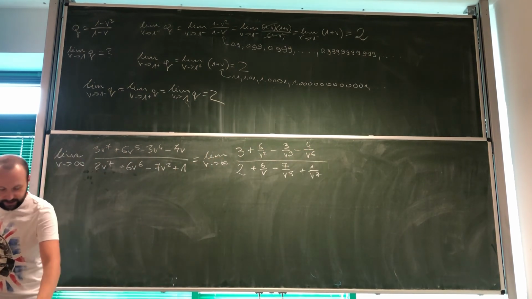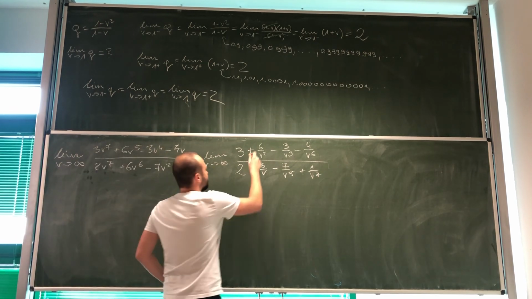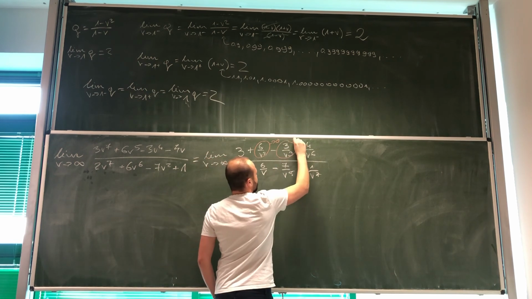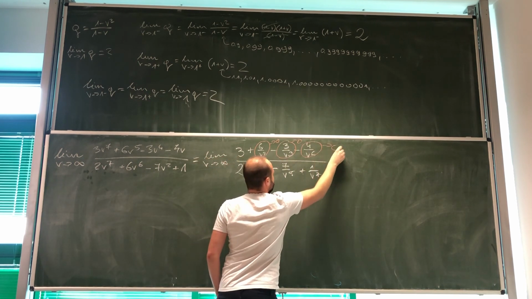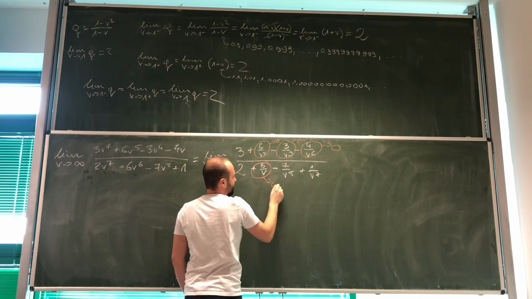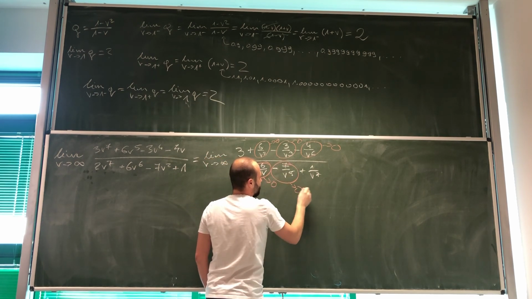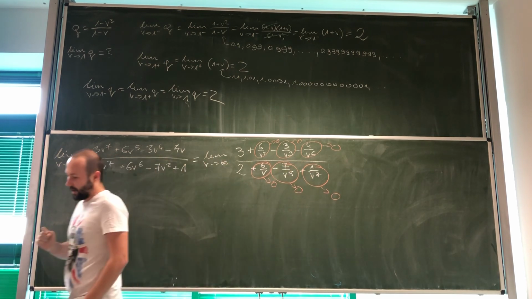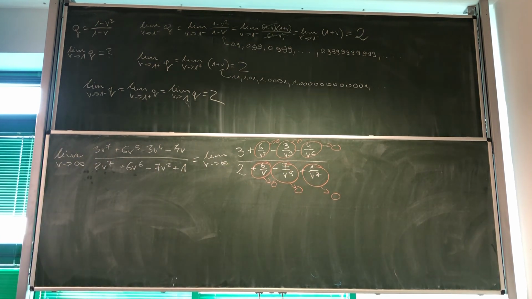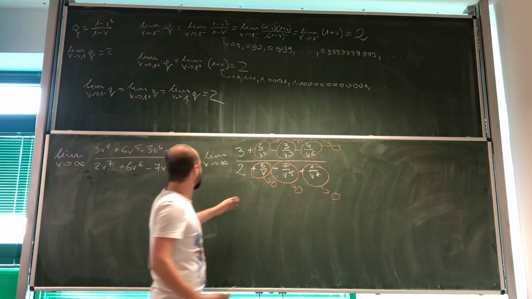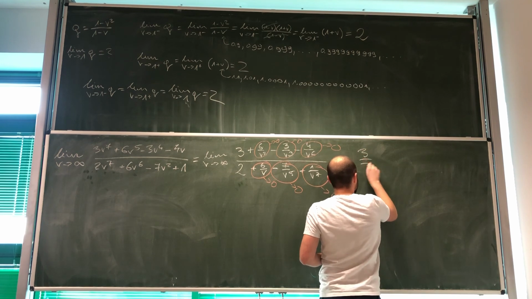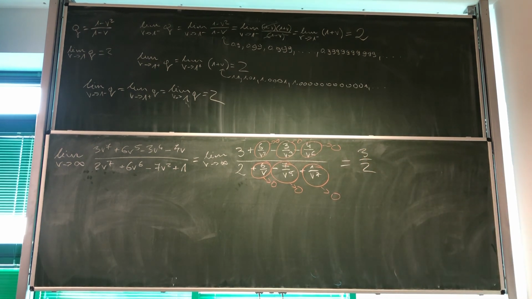And now, what do we see over here? This goes to 0, this goes to 0, this goes to 0, this goes to 0, and this goes to 0. So how much do we get at the end? The only thing left is 3 over 2. So the limit is equal to 3 over 2.